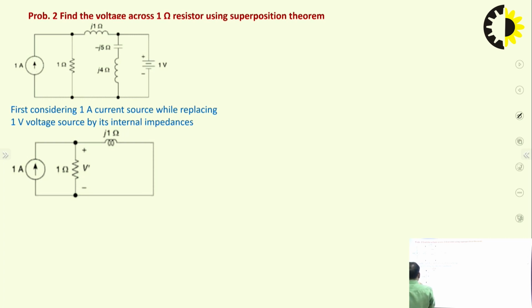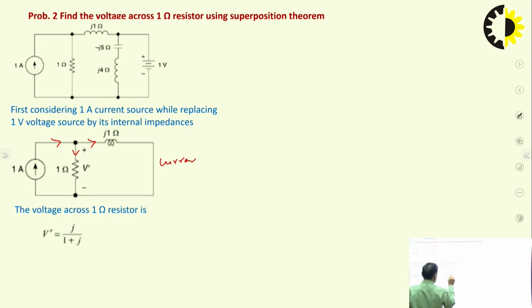So the circuit is like this. Simple, this 1 ampere current source is reaching here. Some current will go through this, some current will go through this. So just apply the current division rule.